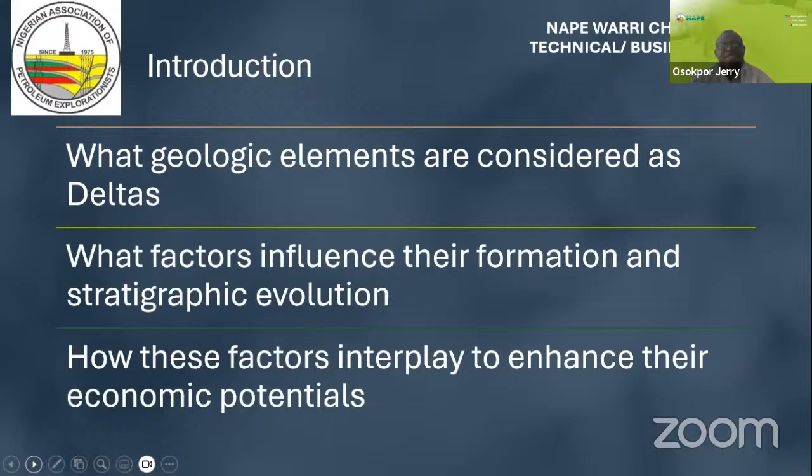People are still doubtful in some climes as to which is the actual source rock of the Niger Delta. And actually, this debate started as far back as the 60s, yes, 60s and even 70s.